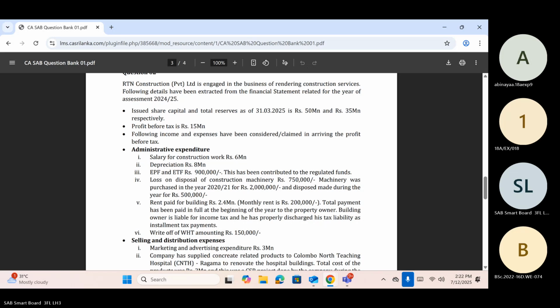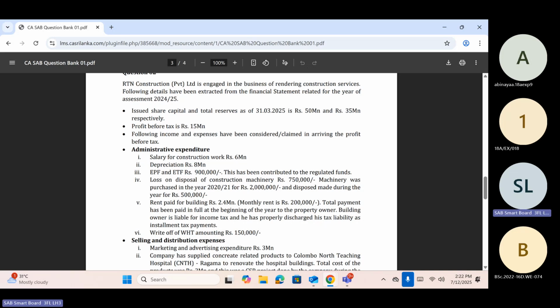Correct. Because it is an asset for 5-year capital allowance, 4 years we have already claimed. 1 year of capital allowance is remaining, so the written down value is 400,000. The disposal proceed is 500,000, which is 100,000 higher than the written down value.